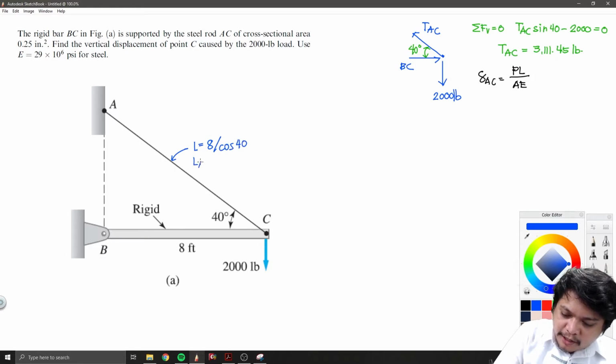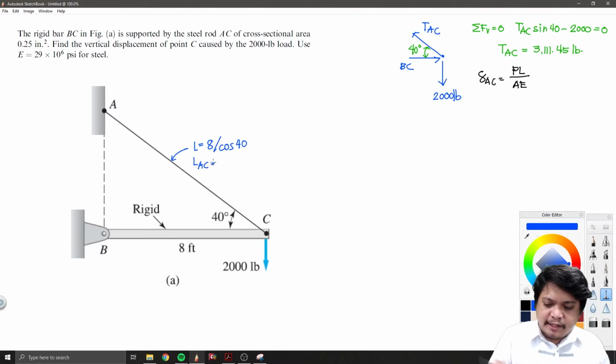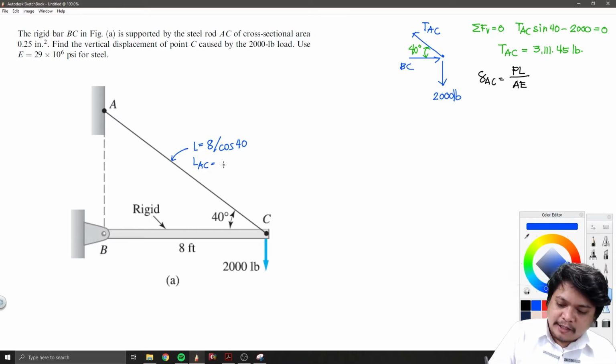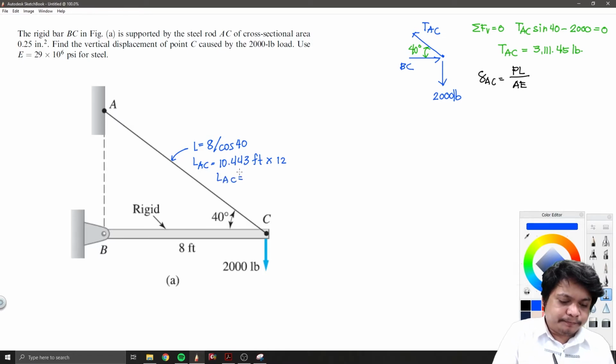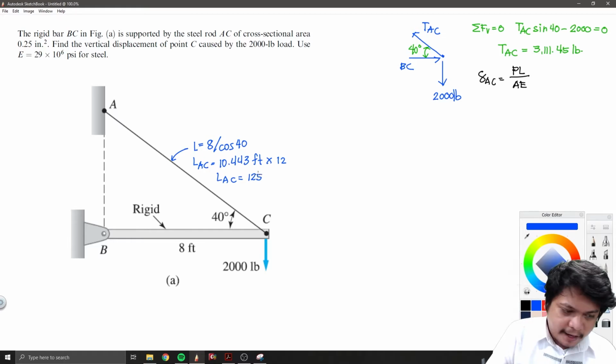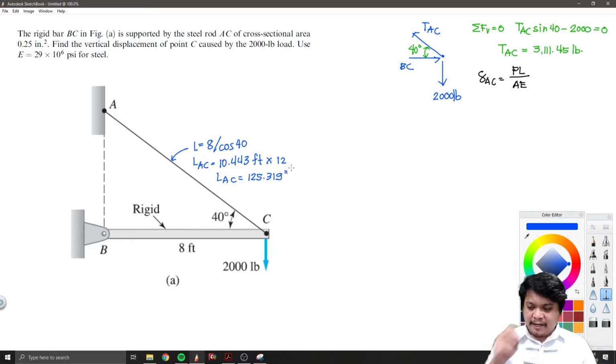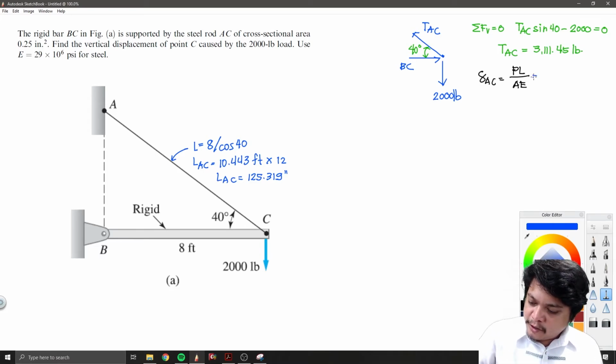So length ng AC natin is equal to 8 divided by cosine of 40. So that is around 10.443 feet. Times na natin by 12 para maging inches. Okay, so you will be having here 125.319 inches.